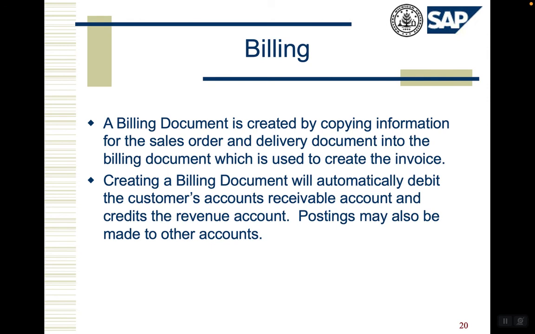The billing document is the creation of the delivery. Execution of delivery also triggers the billing, which is what we expect to be paid for what we're selling. All right, so we copy information from the sales order documents, delivery documents, and then we'll automatically debit the account.